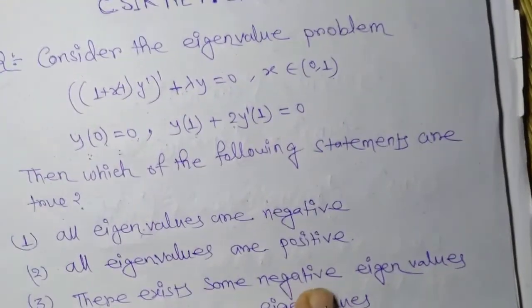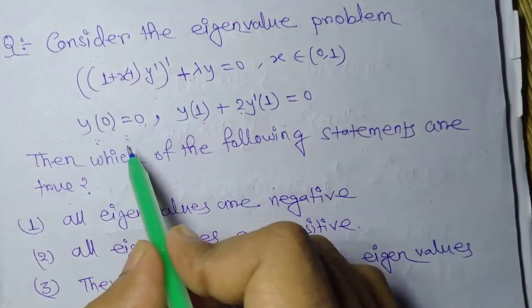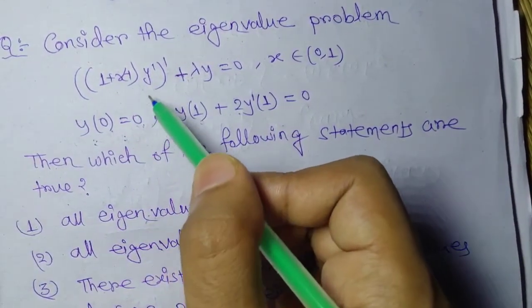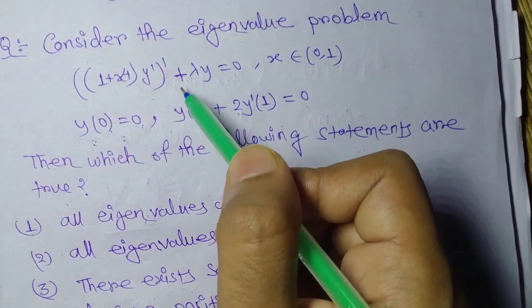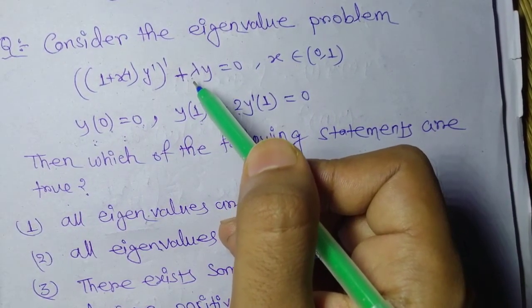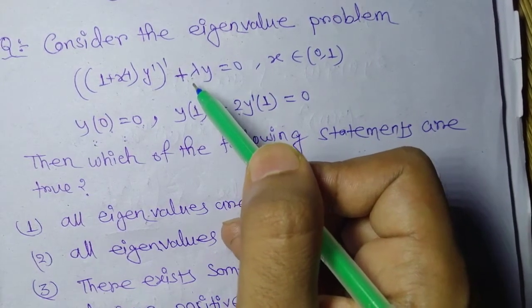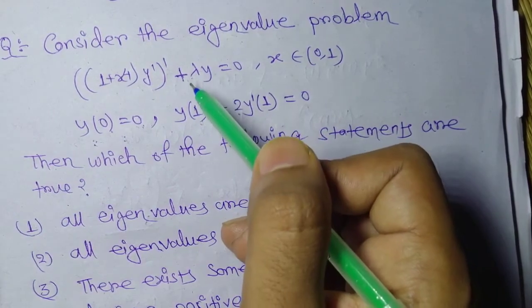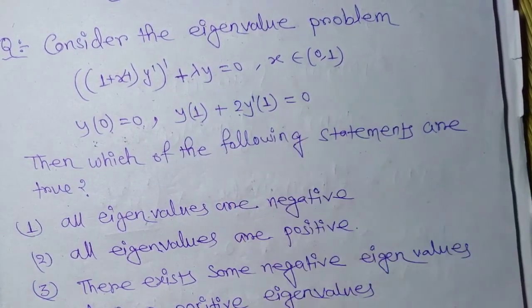Now observe that the given differential equation is a Sturm-Liouville problem. An eigenvalue λ exists if there exists a non-zero solution of the given differential equation.